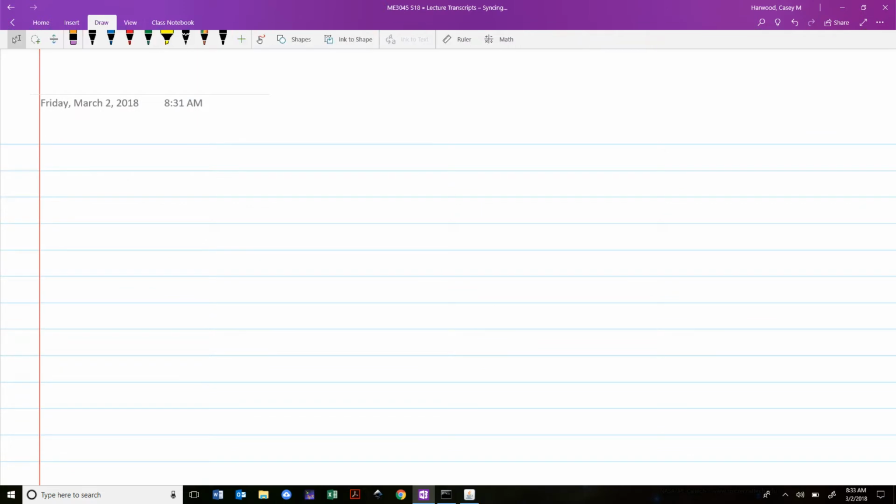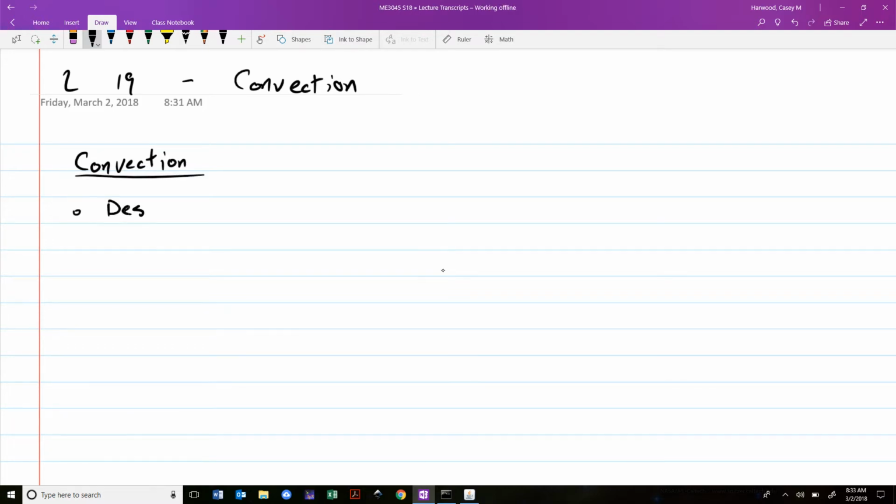So, 19. Today is going to be focused on getting us centered on this topic of convection. Namely, what we're going to talk about today is a broad description of what convection is, how we talk about it.